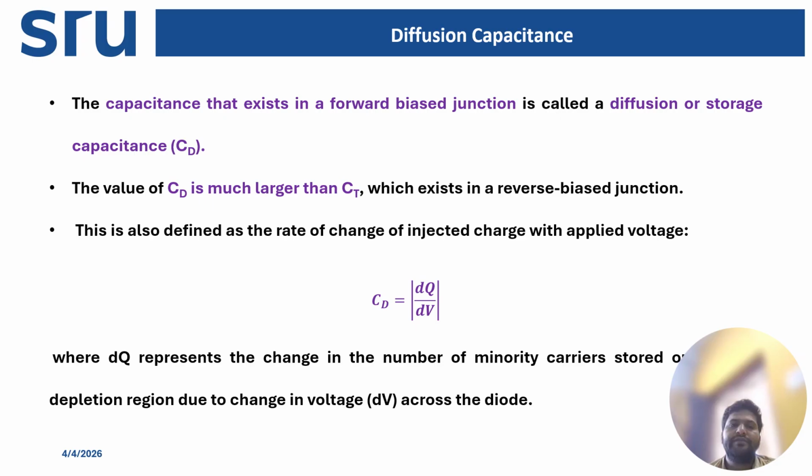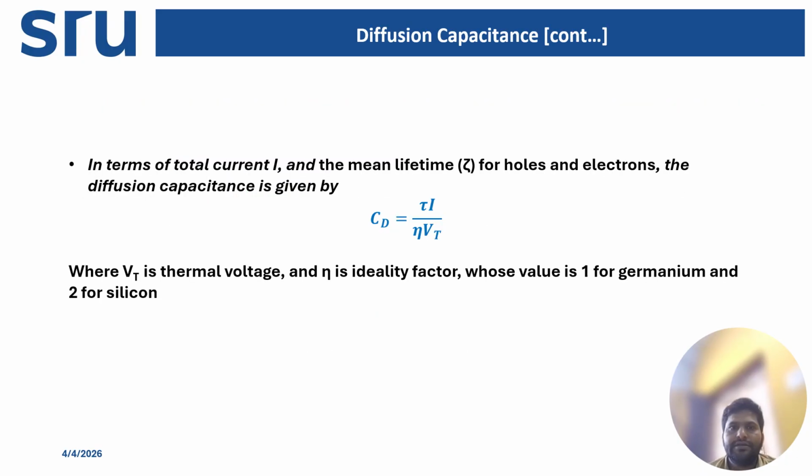Diffusion capacitance is denoted by CD and is directly proportional to the current. CD is the ratio of mean lifetime and thermal voltage.